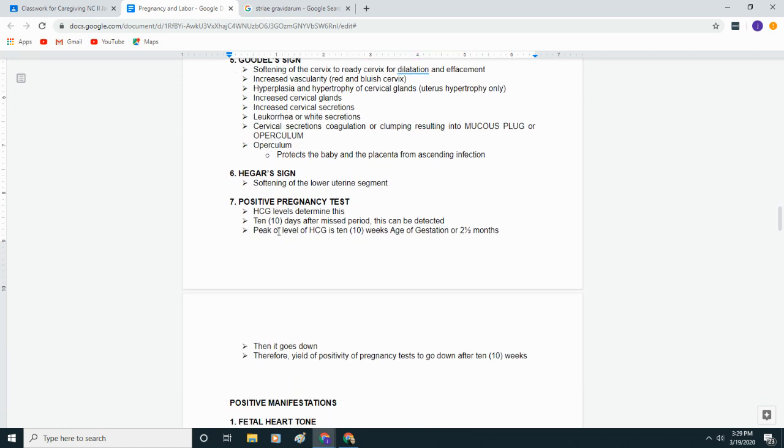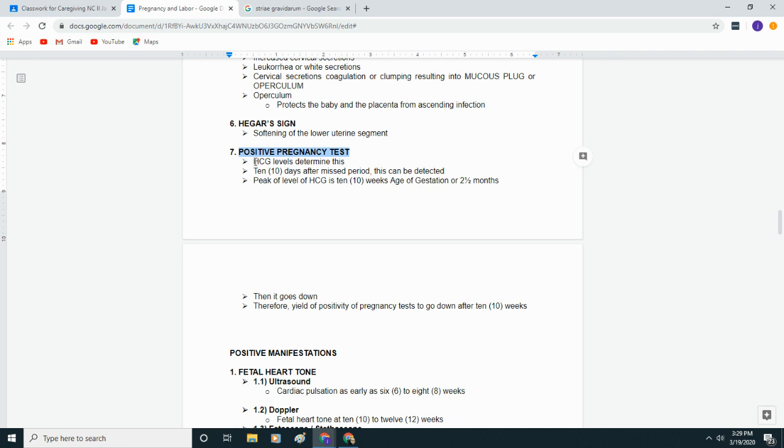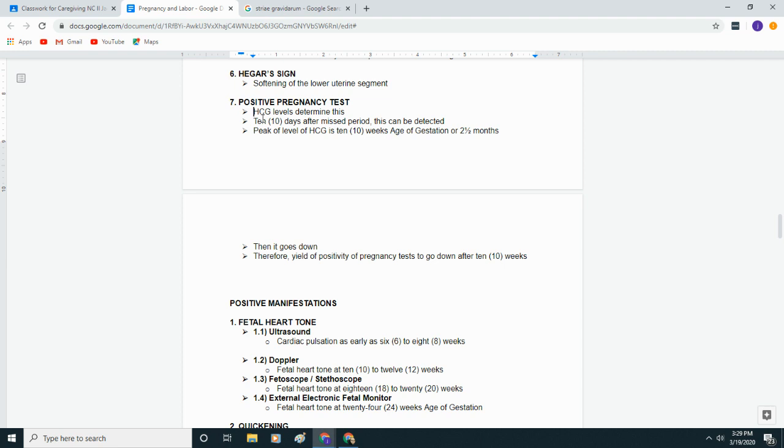Then, positive in pregnancy test, there is an increase in HCG level, although there are diseases that also increase your HCG level, causing you to have a positive pregnancy. That's why this is only a probable sign. So 10 days after missed period, this can be detected already.